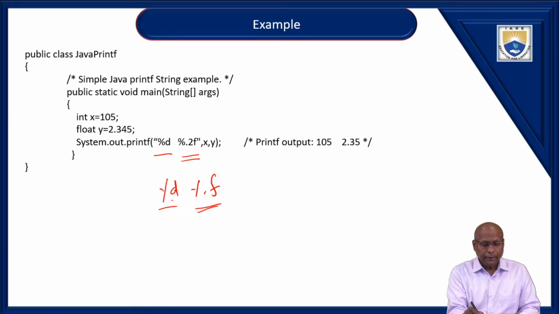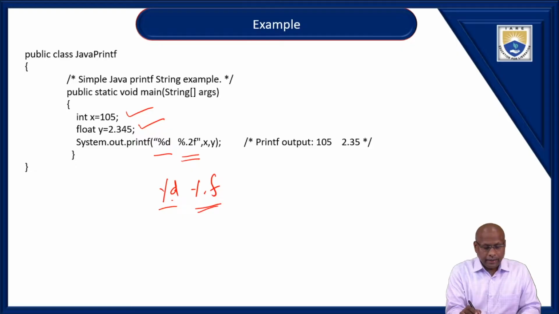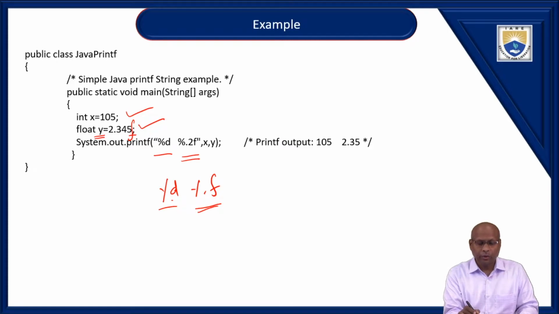Here, if you observe, x is how much? 105. Y is how much? 2.345. So you have two variables, one integer variable and another float variable. Of course, here you should write f because y is a float variable. For a float variable, you should write f, otherwise it will give an error.